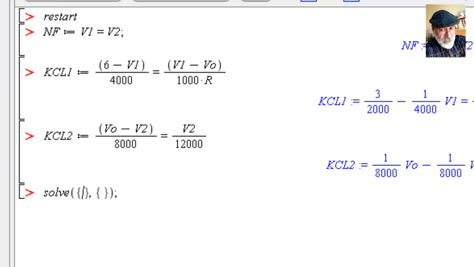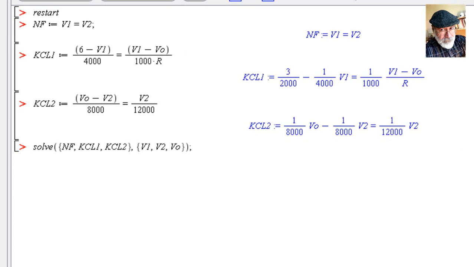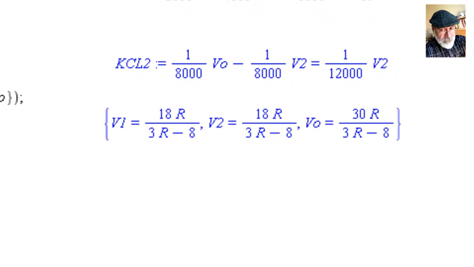The equations are NF, KCL1, and KCL2. And the unknowns are, of course, V1, V2, and V0. Enter, and those are the solutions of those voltages, which will come as functions of R, of course.